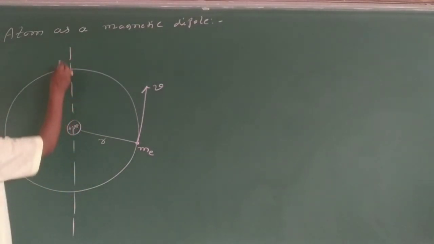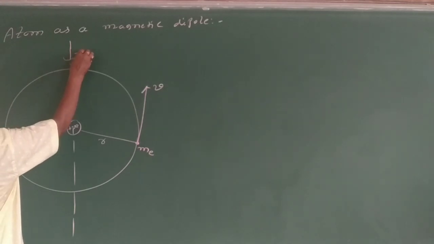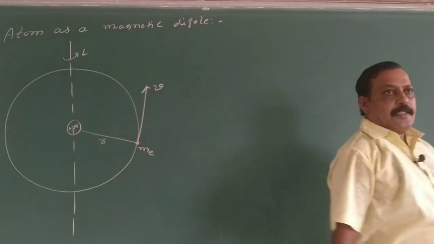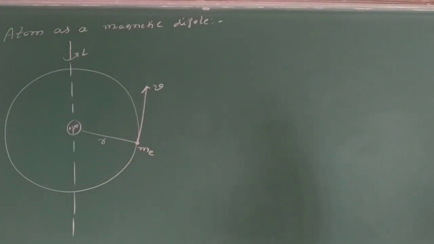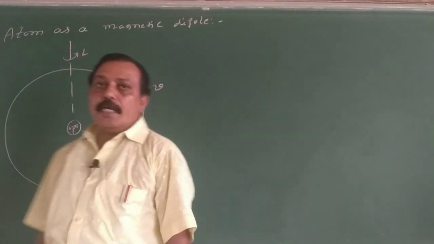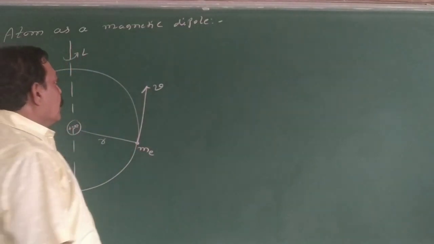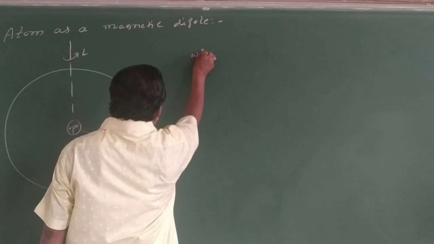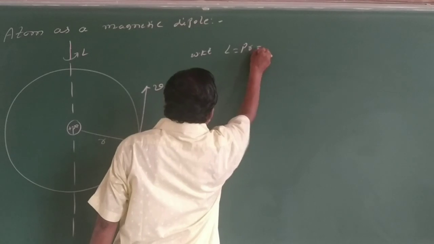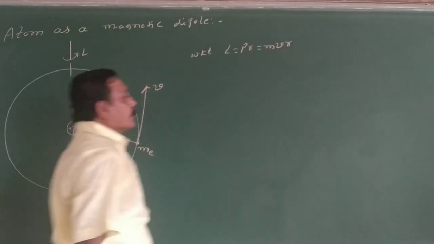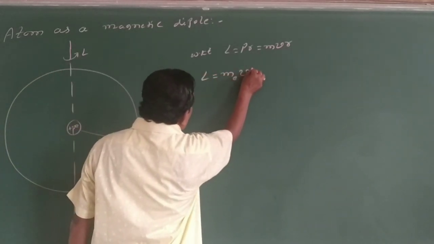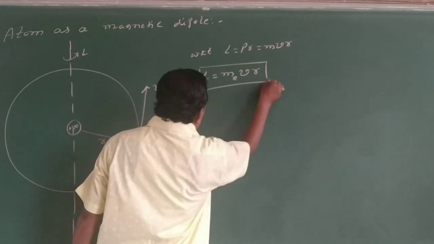It possesses the angular momentum L. Then my aim is to calculate the magnetic dipole moment of an atom by considering the circular path of an electron around the nucleus as a current loop. So, we know that angular momentum L equals p into r, that is m v r, where m is the mass of the electron.